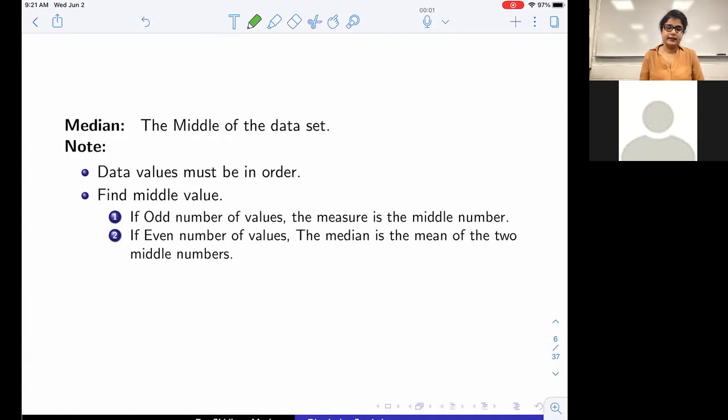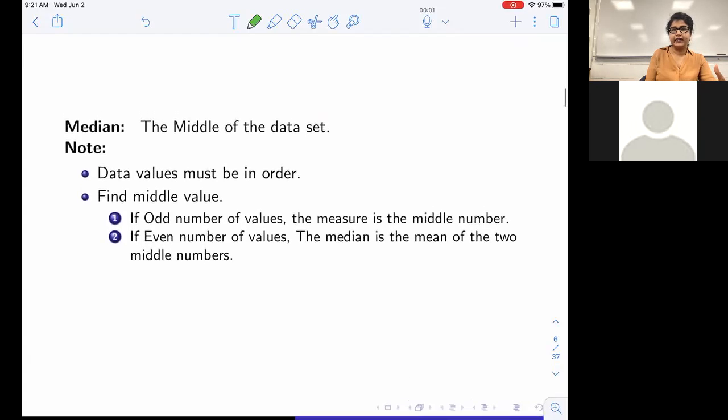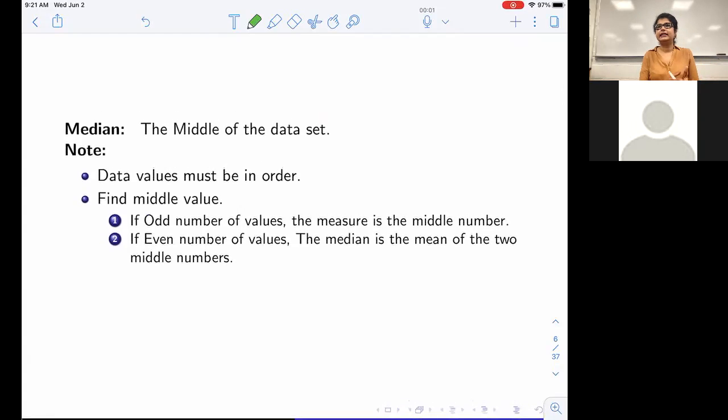So median is the middle of the data set. Whatever values you have been given, you will always use the rule that you make them in an order. In an order means you either write all the values in ascending or descending order.